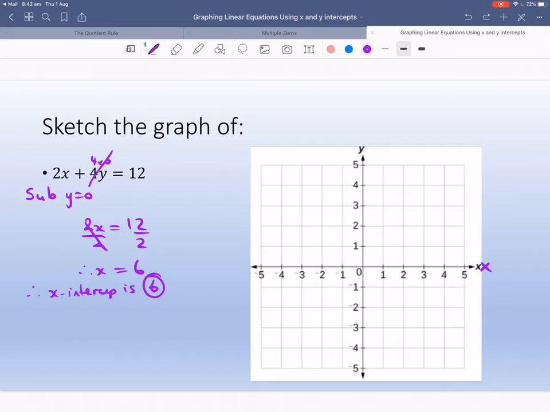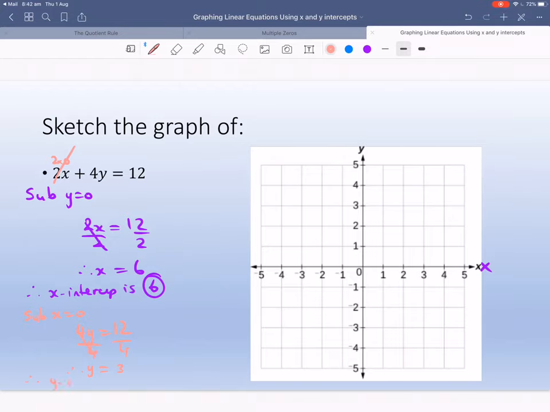To find the y-intercept, we have to make x = 0. So sub x = 0. That means 2 times 0, which cancels that out, so we'll just be left with this thing here. So 4y = 12. Divide by 4, therefore y = 3.